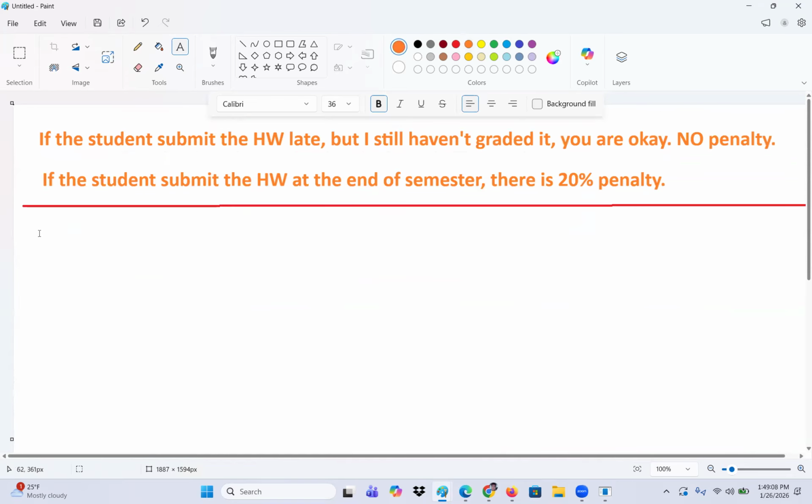Let's say a C plus, so you get like 75, and that doesn't really help you. But if you get 77, the C plus will be raised to B minus. So most likely you might get a one point markup for your letter grades, and that becomes very important in terms of your GPA calculation.